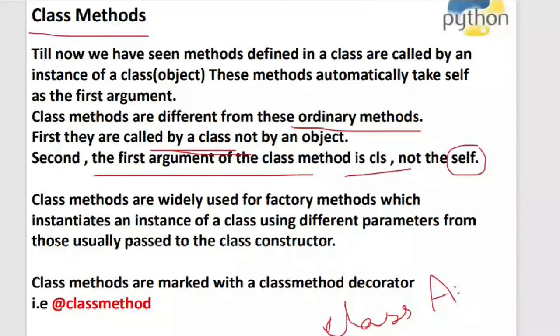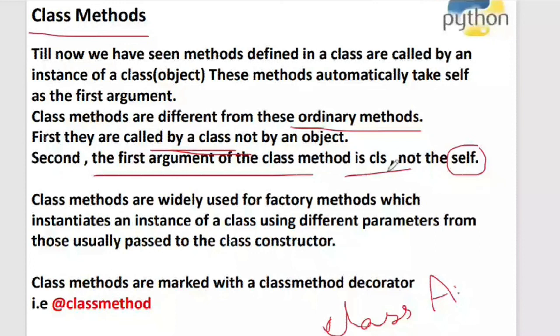Now coming to the class variables and class methods, the class variables can be referred to with the class name, and the class methods also need to be referred to with the class name. And another difference between the class method and the instance method is that the first argument of the class method needs to be cls and the first argument of your instance method needs to be self.